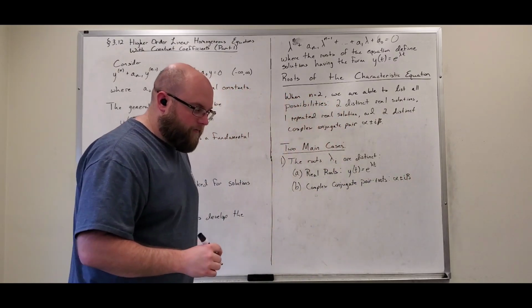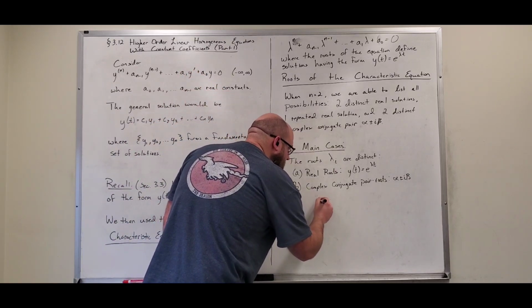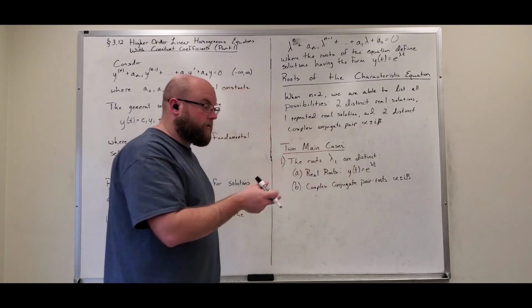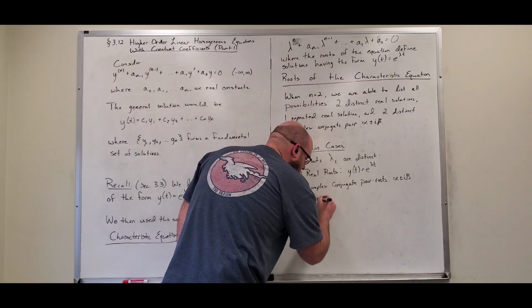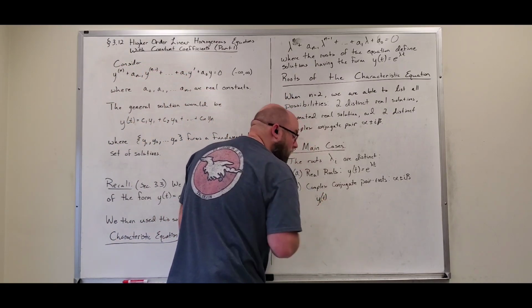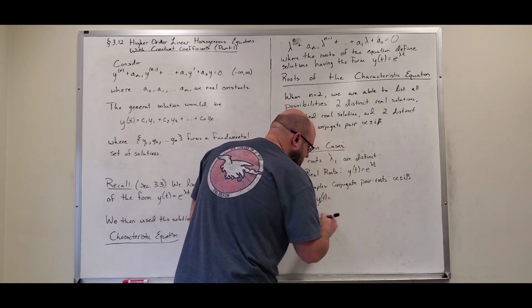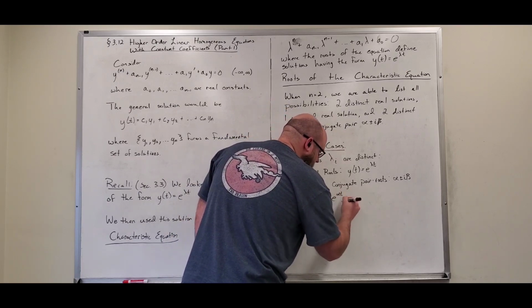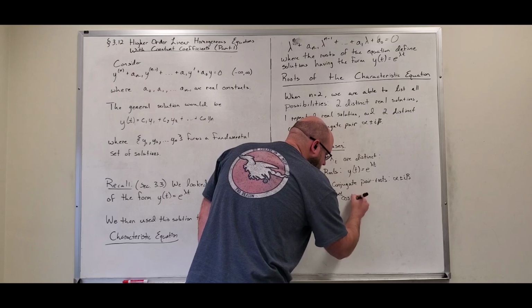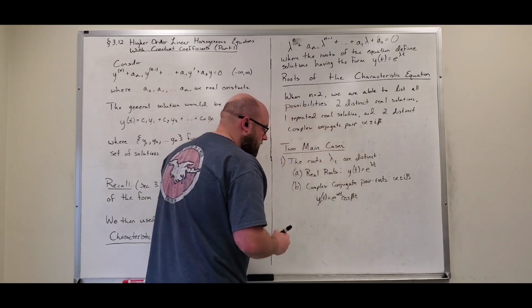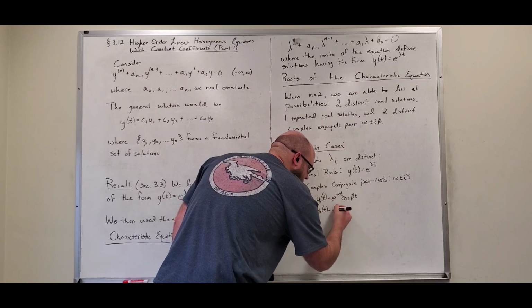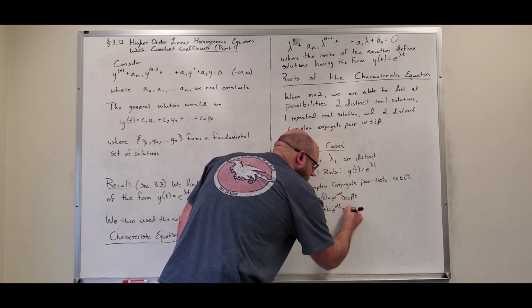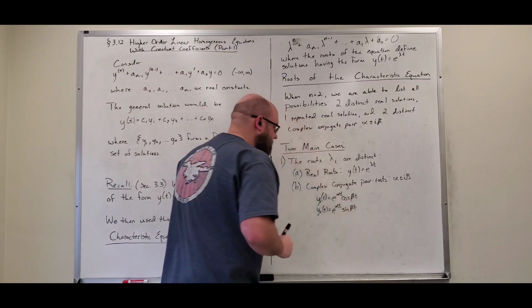If we had just one set of solutions, so if we were dealing with a second order, we'd get y1 of t equal to e to the alpha t cosine of beta t. And the other one would be of the form y2 equal to e to the alpha t sine beta t.